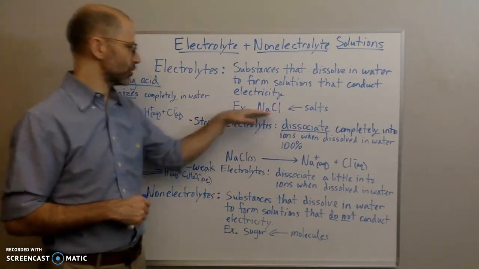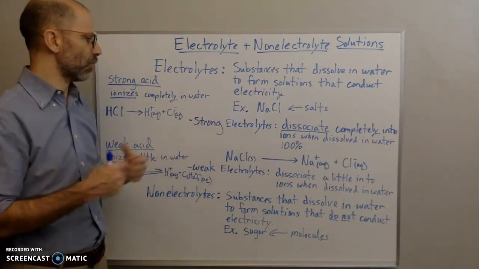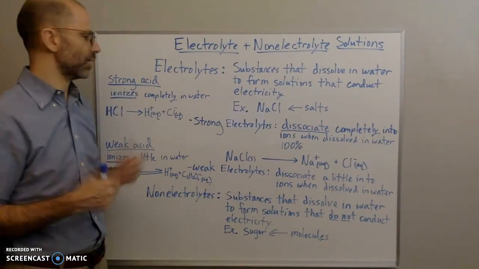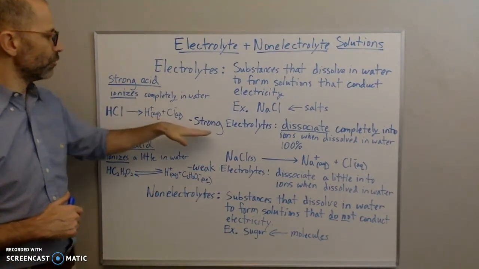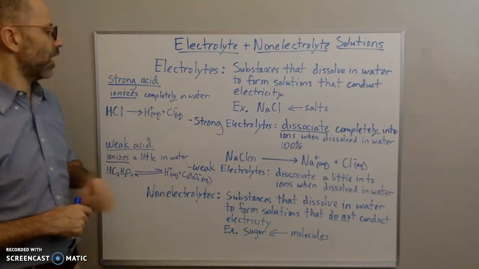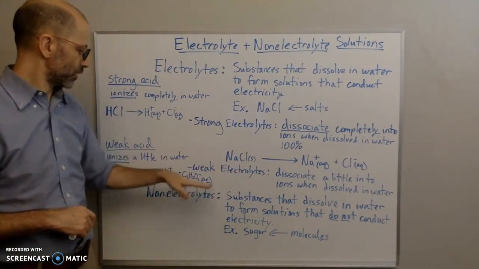So lots of salts. Salts are charged ions, so if they can dissolve in water, that will form an electrolyte solution. There are two different kinds of electrolytes. There are strong electrolytes and there are weak electrolytes.